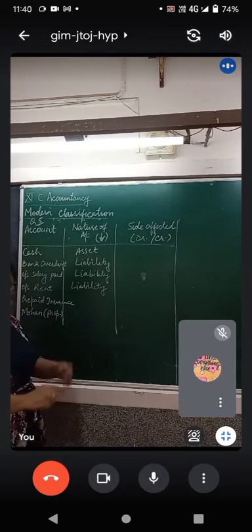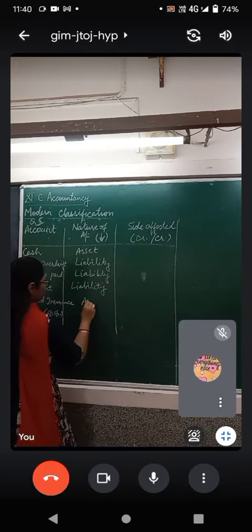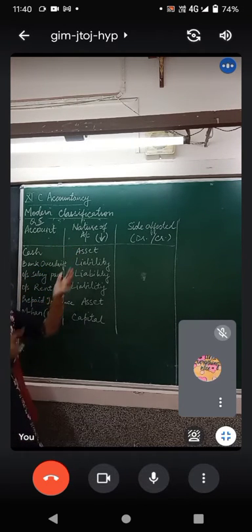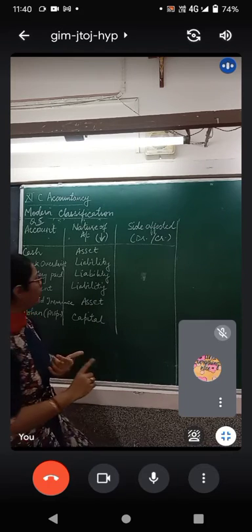Prepaid insurance, it comes on the asset side. So this is an asset. What is capital? Mohan, who is a proprietor, his amount is coming under which head? Capital. So these 6 items we have divided, whether they are asset or liability or capital or revenue or expense.